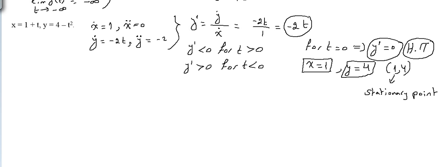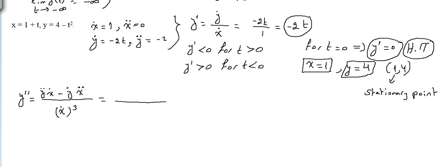We found x double dot and y double dot, the second derivatives of x and y in terms of parameter t. Let's find y double prime now. y double prime is equal to y double dot times x dot minus y dot times x double dot, over x dot to the power 3.